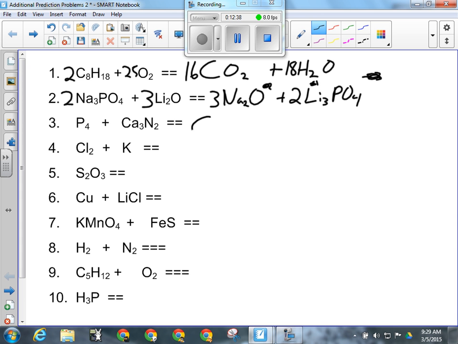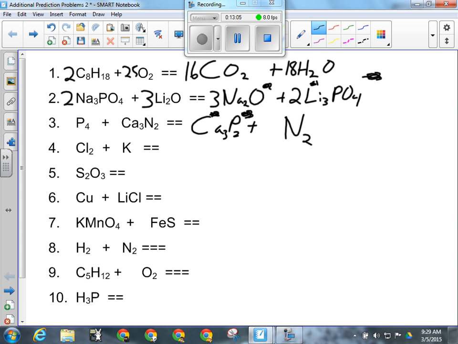So calcium ends up with phosphorus, and nitrogen ends up by itself. Remember, in single replacement reactions, we have the most stuff to check. We have an ionic compound, which needs to be swapped and dropped. This is -3, this is +2, so we're going to have Ca3P2. And I have to check for special elements. Yes, all right.